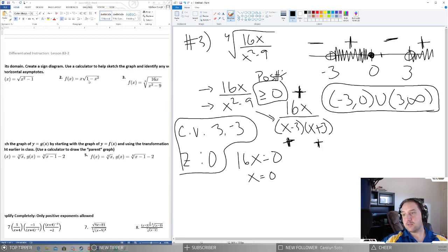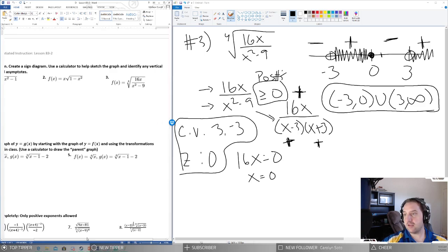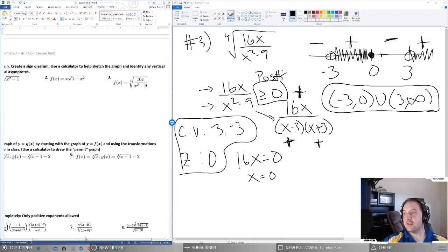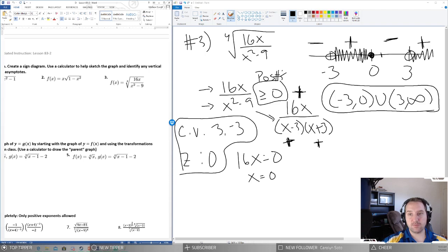So those are the domains. The next part for this, it says use a calculator to help sketch and identify any vertical asymptotes and horizontal asymptotes. So if I wanted to use Desmos on this one, we just need to enter that into a calculator. Now, the way that I'm entering it into my calculator, it's going to be kind of weird.